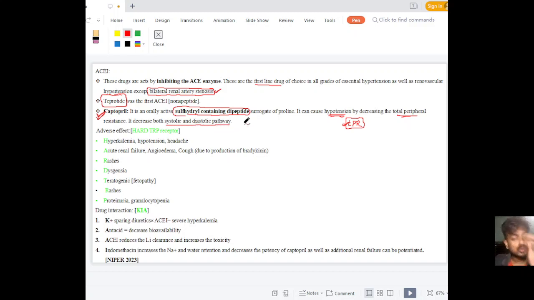To remember its adverse effects, you simply remember a mnemonic: HAT RPG receptor. H for hyperkalemia, H for hypotension, headache, then A for acute renal failure, angioedema and cough. Cough occurs because bradykinin is an autacoid, and ACE inhibitor prevents its degradation.